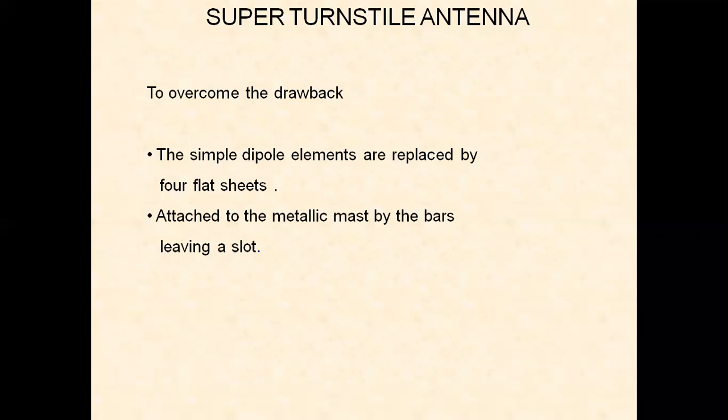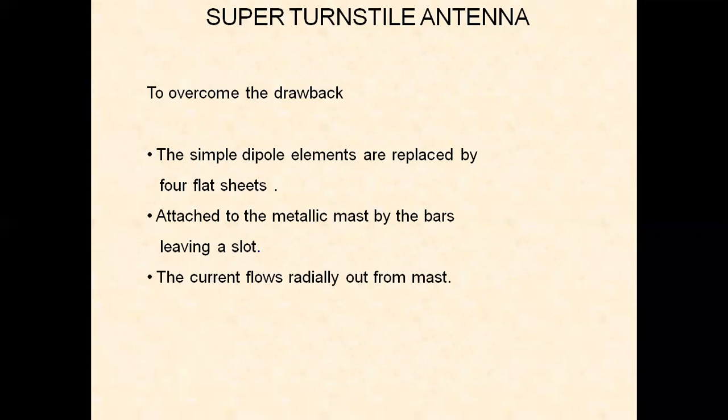So we are slightly changing the constructional design of the turnstile antenna. In place of a single dipole, we are taking 4 flat sheets. They are attached to the metallic mast by the bars, leaving a slot.